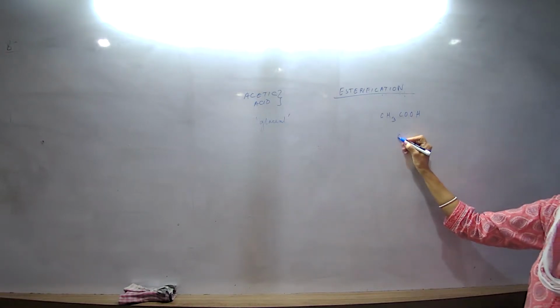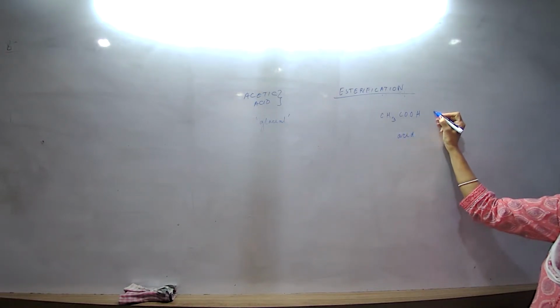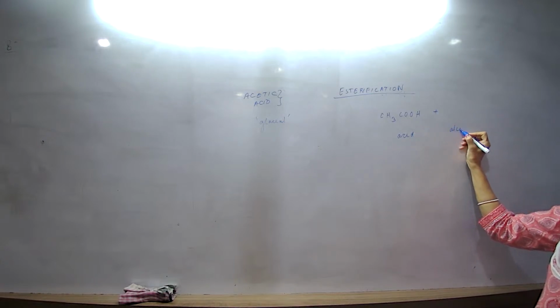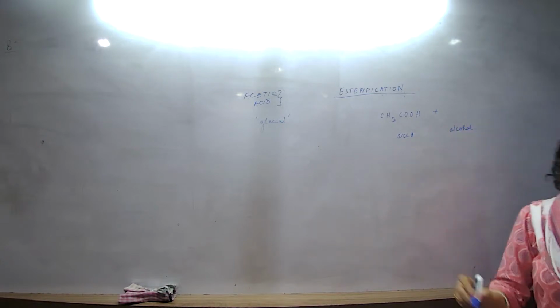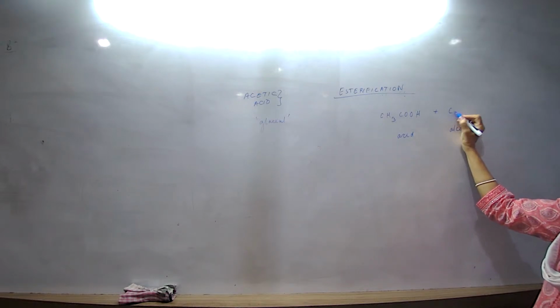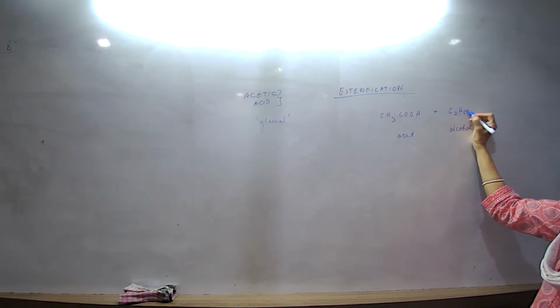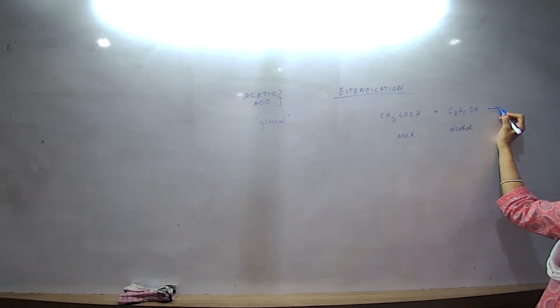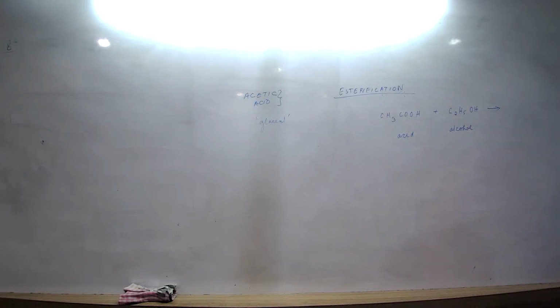And you are reacting it with an alcohol. Which alcohol have you taken? You have written it down already. Ethanol, so ethyl alcohol, C2H5OH. And obviously it is in the presence of sulfuric acid.